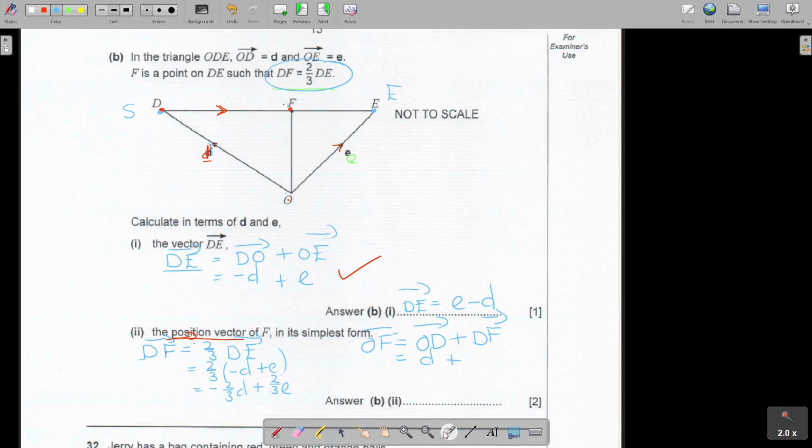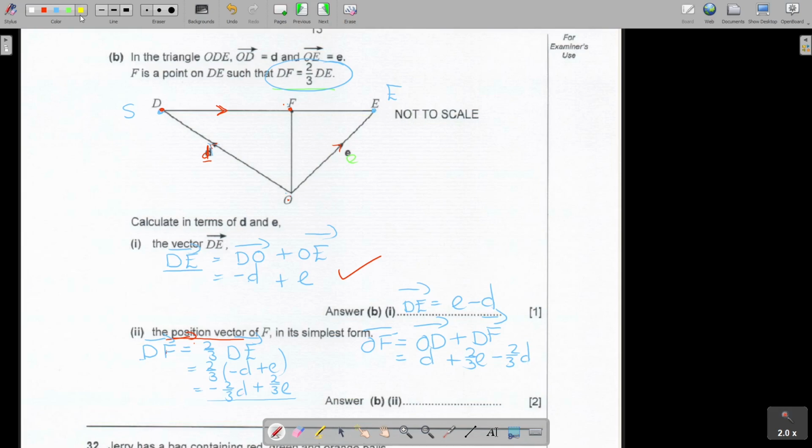I put DF in here. So I put that in. I'm just going to put the positive first. 2/3 E minus 2/3 D.